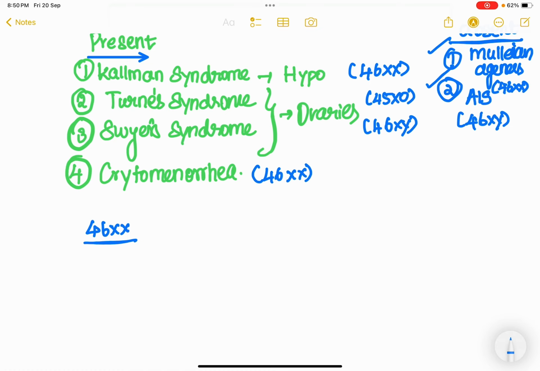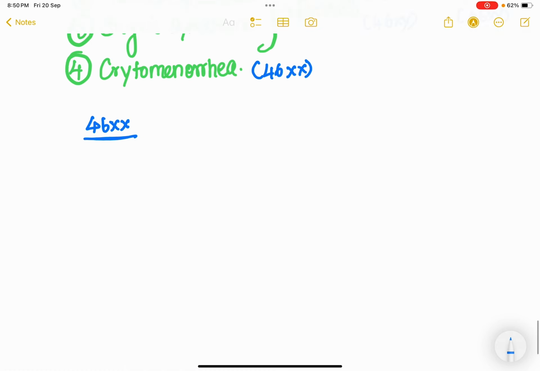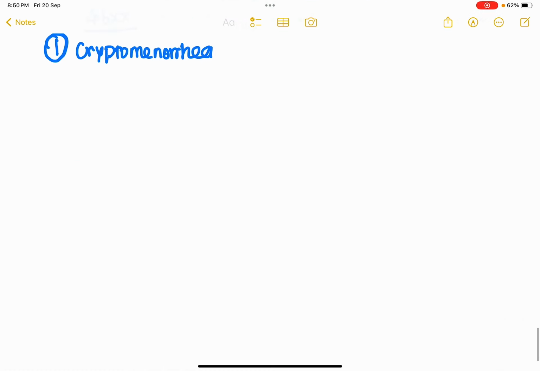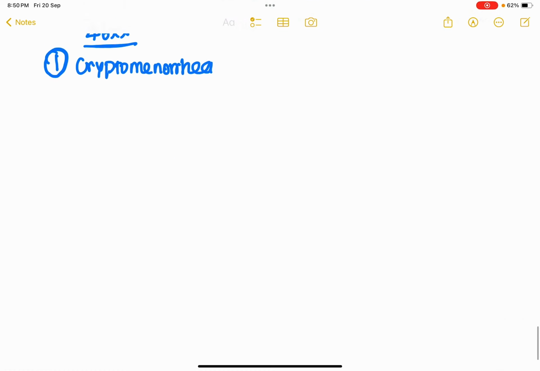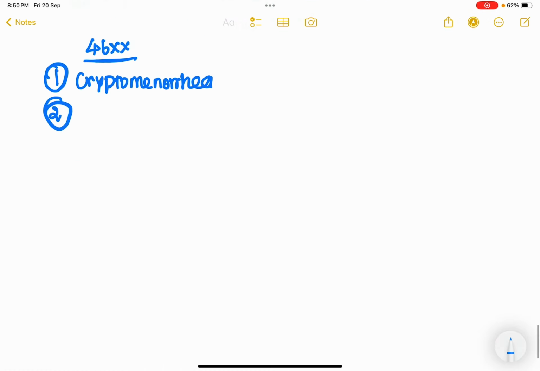Right? Now, in which conditions is 46XX present? There are actually three conditions. What are those? Cryptomenorrhea, because the problem is with the outflow tract obstruction, and since they are females, it is 46XX. Then Mullerian agenesis, where they are females too, but the problem is with the formation of the Mullerian duct.